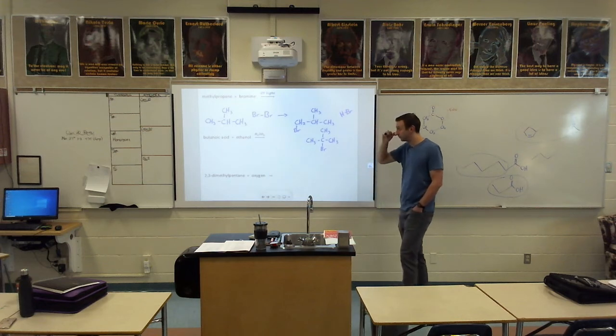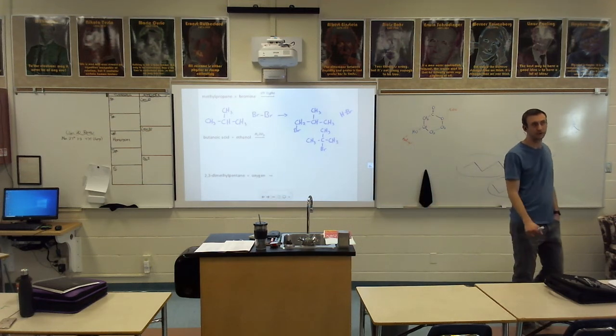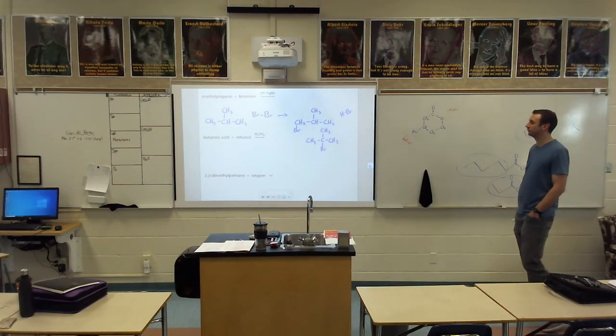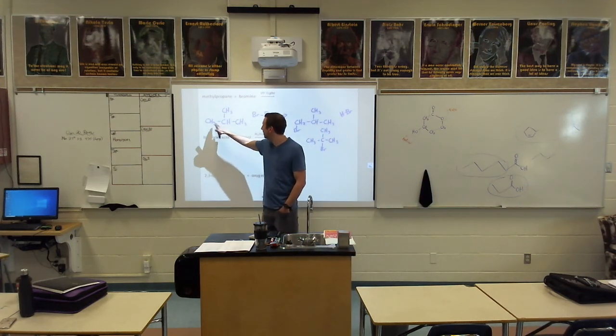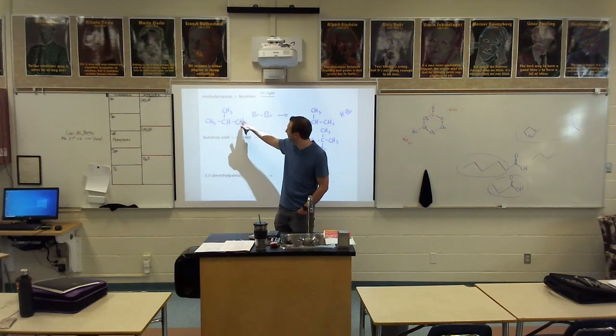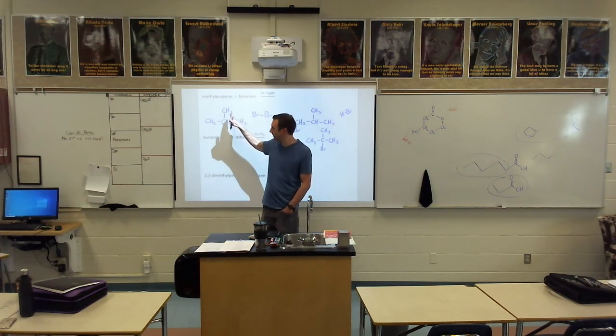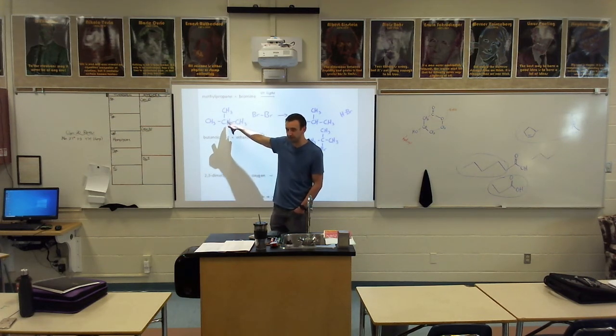Okay, so I actually have 3 products for this one. I can have 2 isomers because this bromine can replace 2 different types of hydrogen. All of these ones are equivalent, they're the same. Okay, but this one in the middle is different.